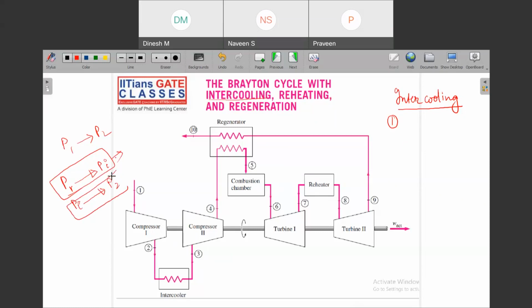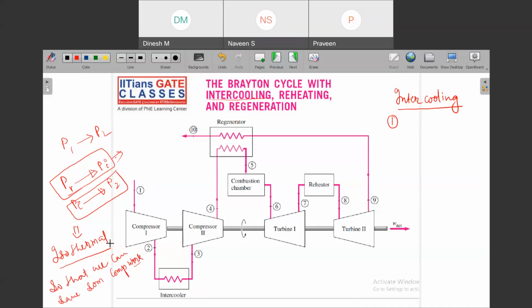Why we are doing this is that we are trying to convert this process into an isothermal one, so that we can save some compressor work. Got it?